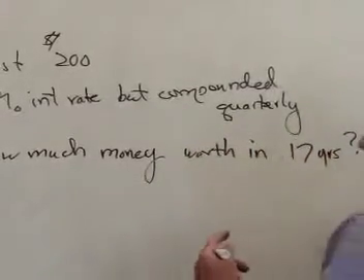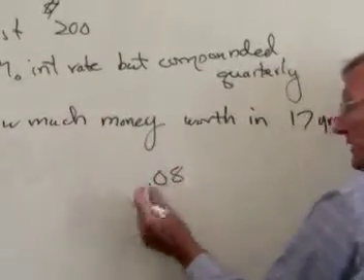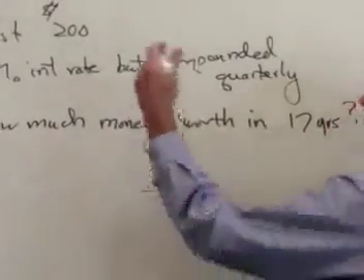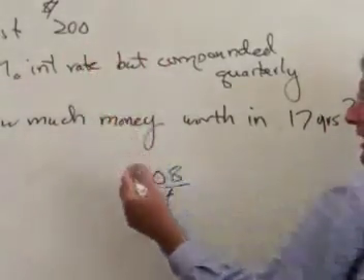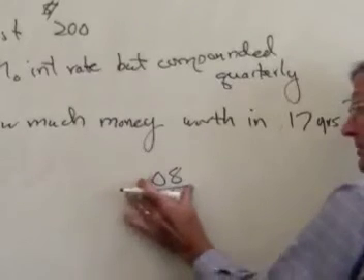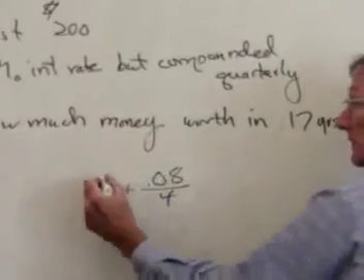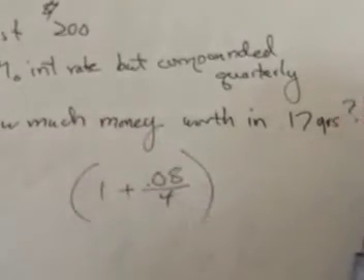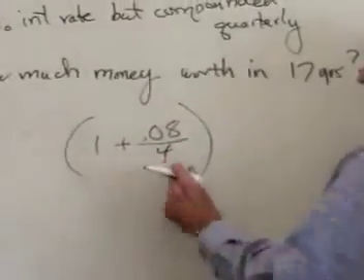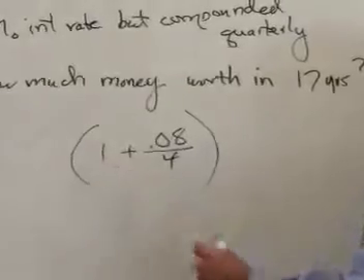The key thing to remember is you take your interest rate, the 8%, and you divide that by 4. You do not take 1.08, because then you'd be taking your principal and cutting that into quarters, which you don't want to do. 8% interest in 4 installments is 2% at a time. So there's your growth rate: it's actually 1.02, because I'm going to give you 4 installments, each of 2%.